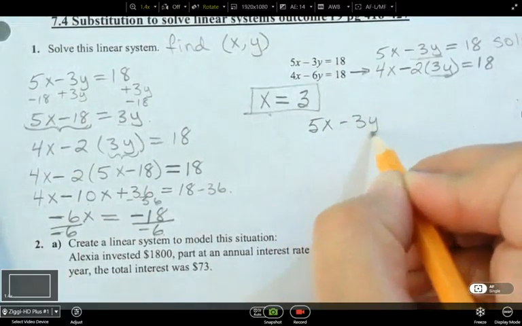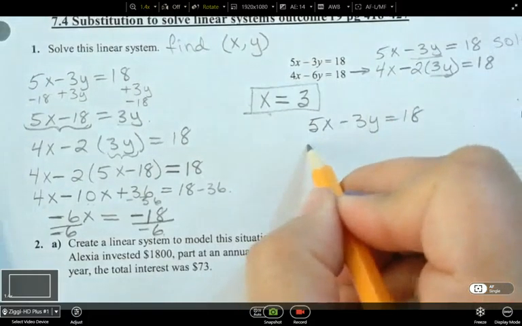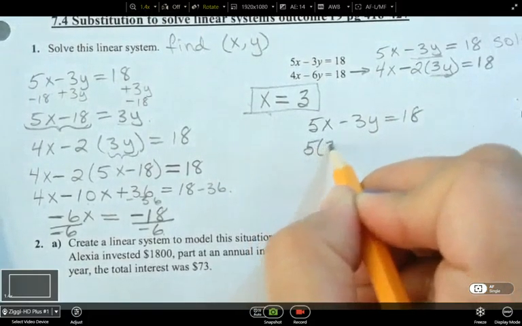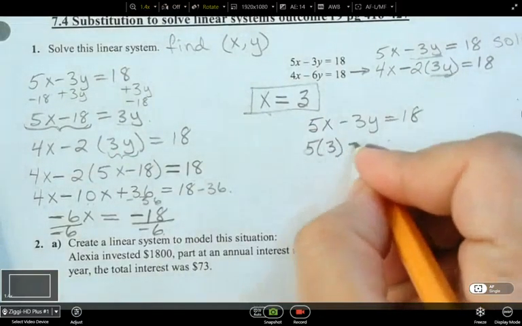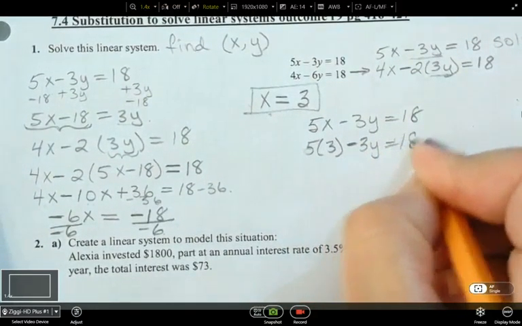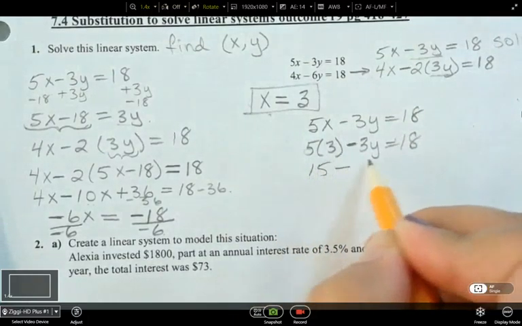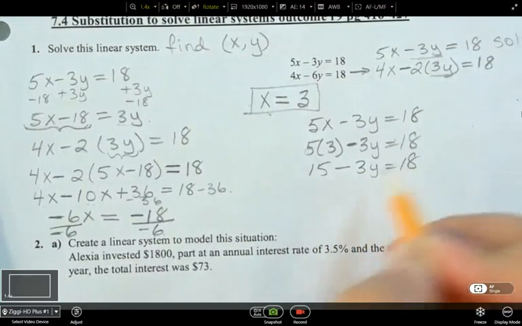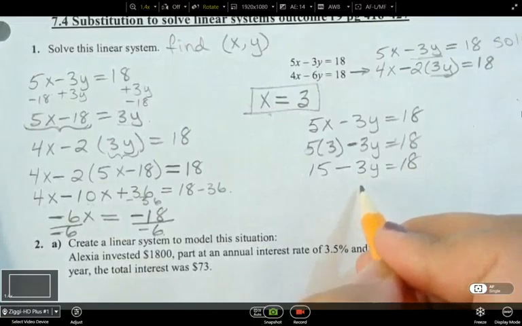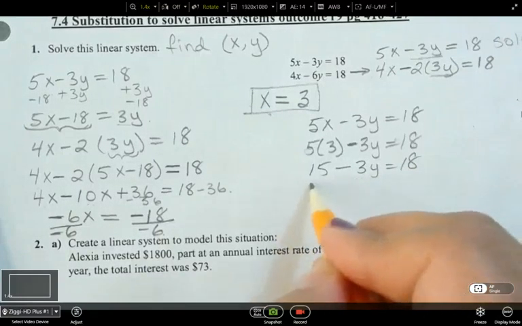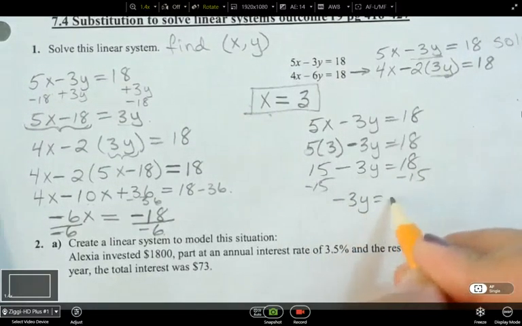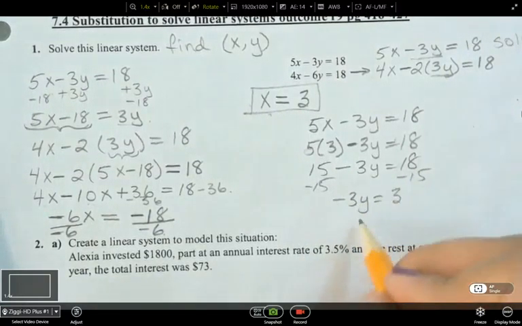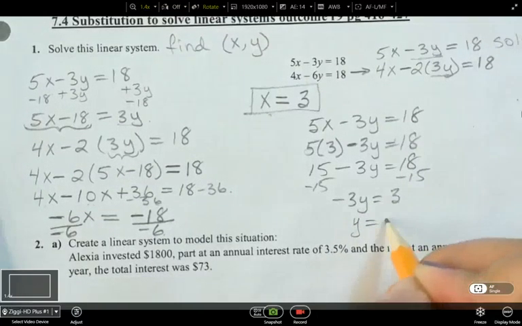5x minus 3y equals 18. And then in for the x. That tail on that 5 was too long. 5 times 3 minus 3y equals 18. And then we've got 15 minus 3y equals 18. Now, how do we want to deal with this? Minus 15 on both sides. Negative 3y equals 3, and then y is equal to negative 1.